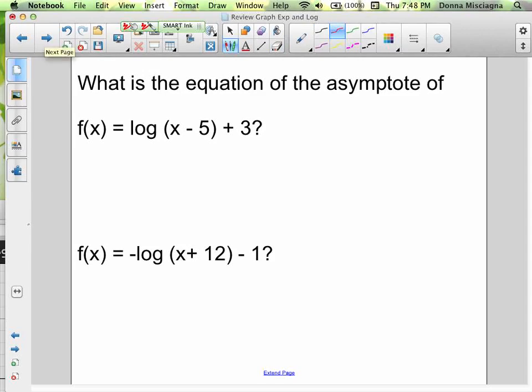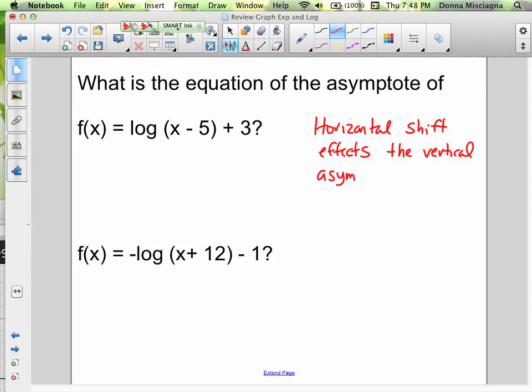For the log functions, the horizontal shift affects the vertical asymptotes, right? Because logs have vertical asymptotes. If our function is shifted horizontally, it's going to change our vertical asymptote.